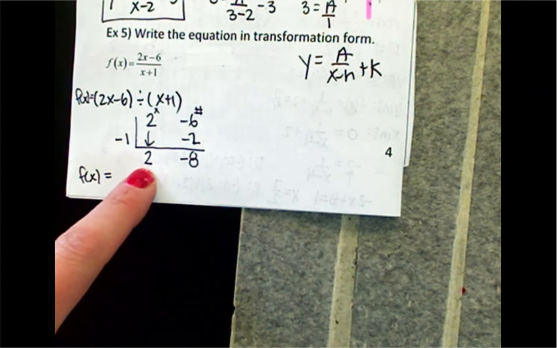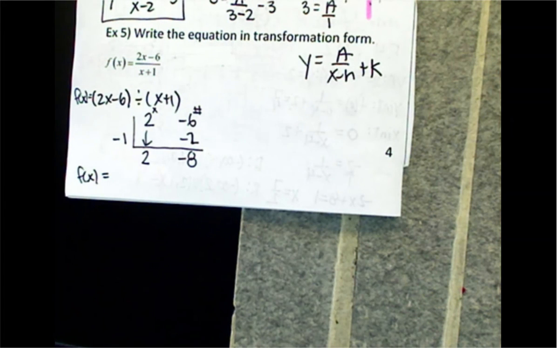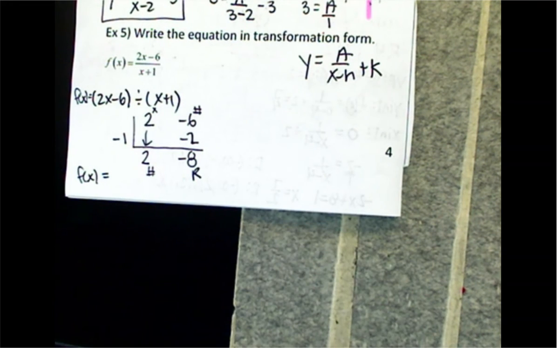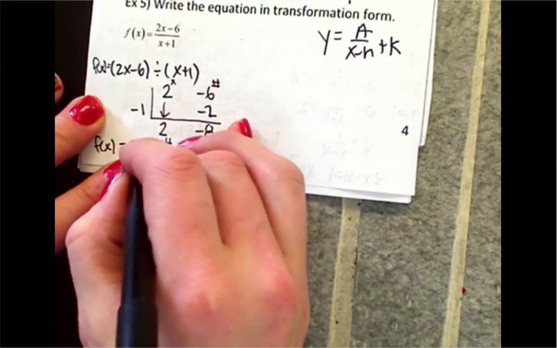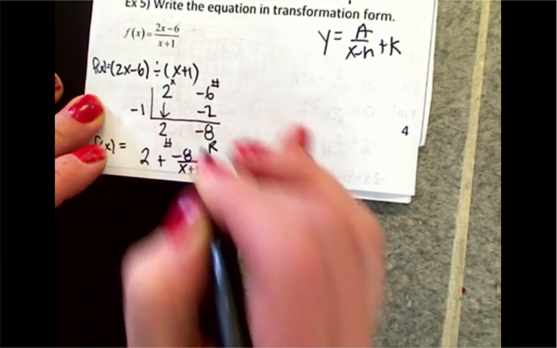What am I going to start with? 2. You decrease the degree by 1. And so this is going to be a number, and this is the remainder. So we end up with 2 minus 2 plus 8, which is not really the right format, so I'm going to switch it around because I prefer to look at it in this format if I'm going to graph it.